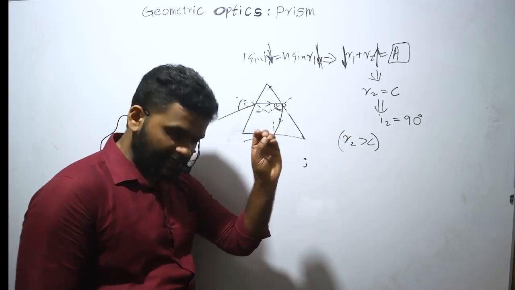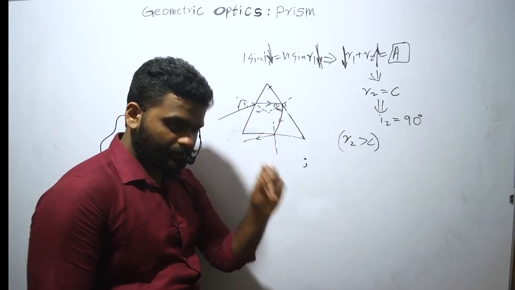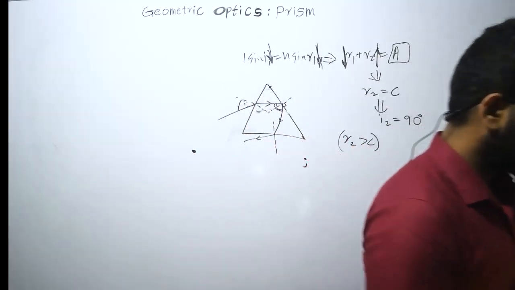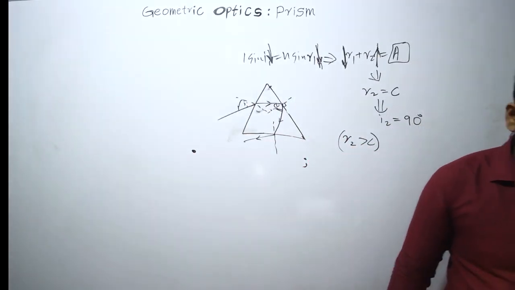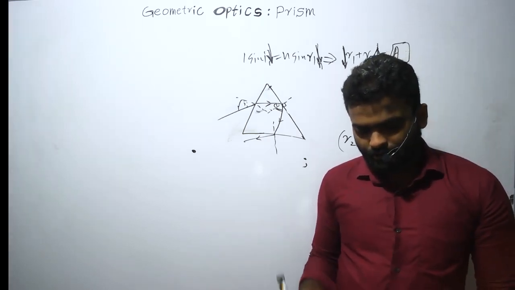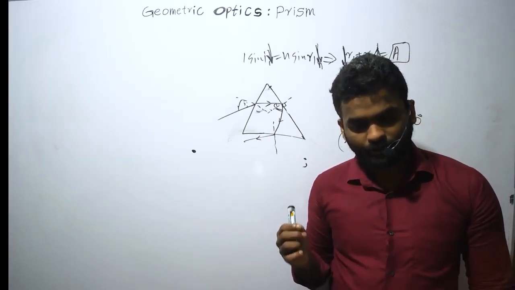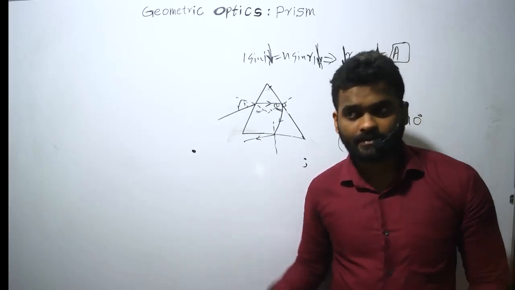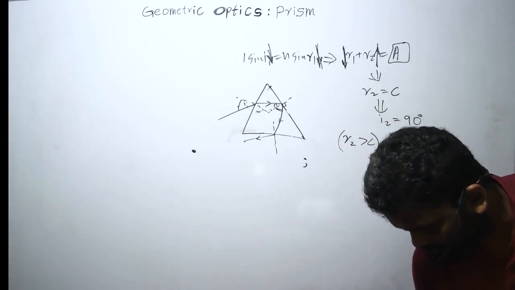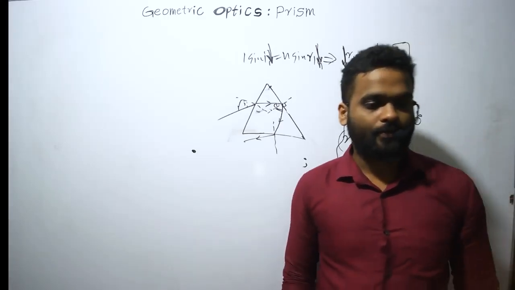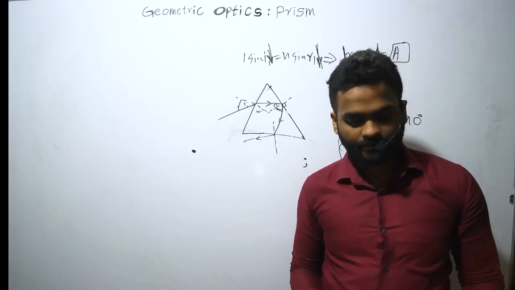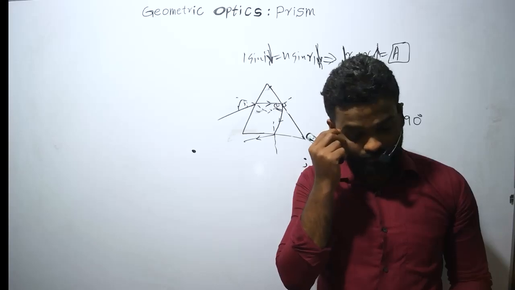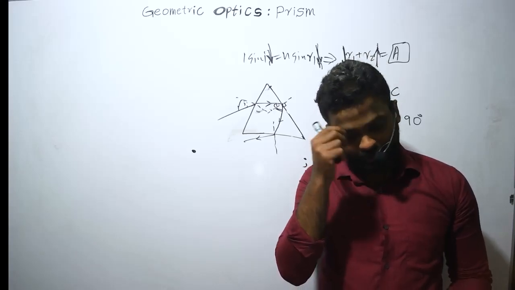So take it down: for the ray to emerge from the second refracting surface, I1 has a minimum value.